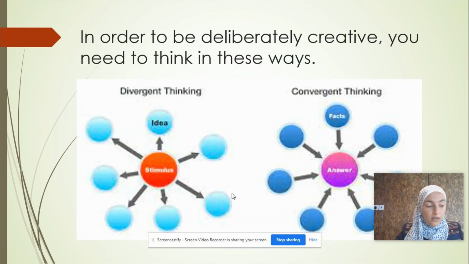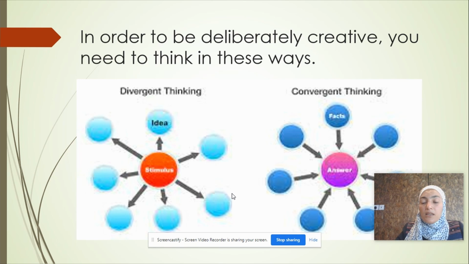Alex Osborn noticed in his book, Applied Imagination, that there are two kinds of thinking that are essential for being creative: divergent thinking and convergent thinking. So what is divergent thinking? Divergent thinking is about generating ideas that are novel, new, even ridiculous or foolish sounding, exciting.